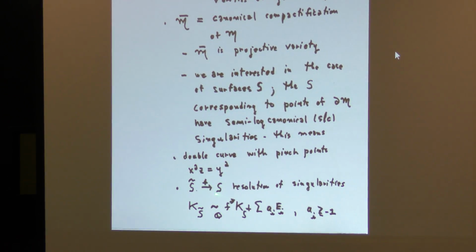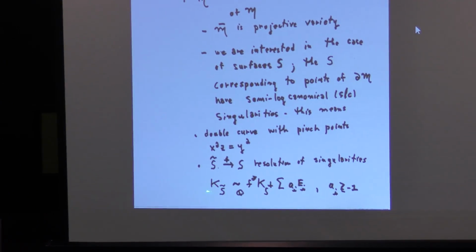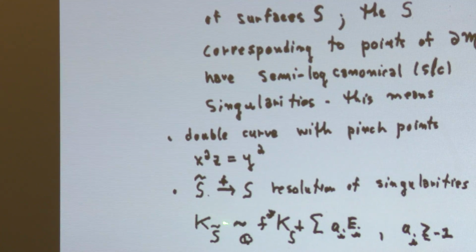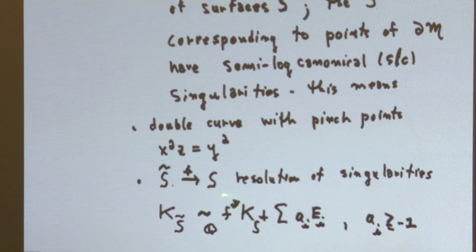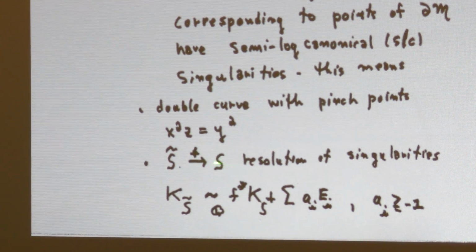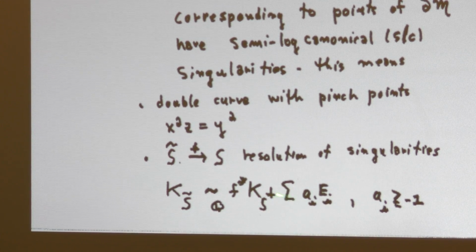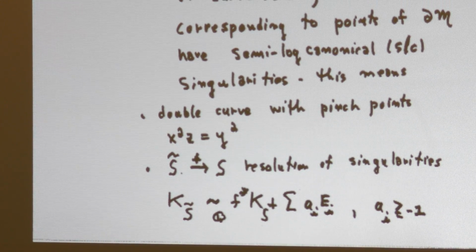So here, let's just take S to be a normal surface. Get rid of the double curve. It makes it simpler. You take a resolution of singularities, and then over Q, I'll explain what that means. You pull back the canonical bundle of the normal surface. It's related to the canonical bundle of the smooth surface by some divisor with normal crossings with rational numbers as coefficients.